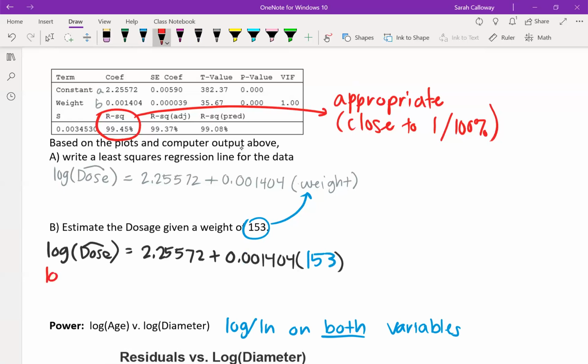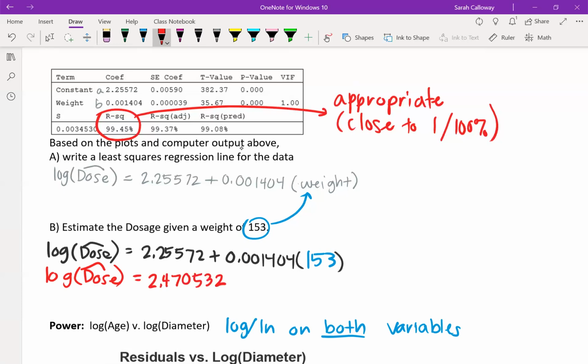That means the log of the dose hat is equal to, if I calculate this value in my calculator, 2.470532.